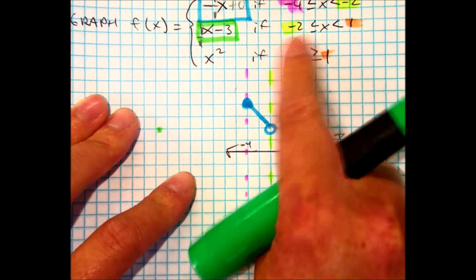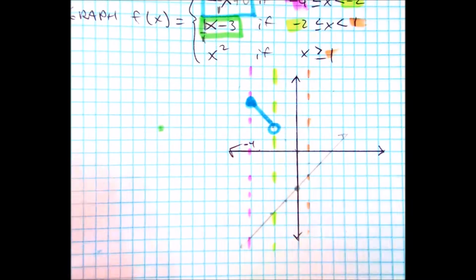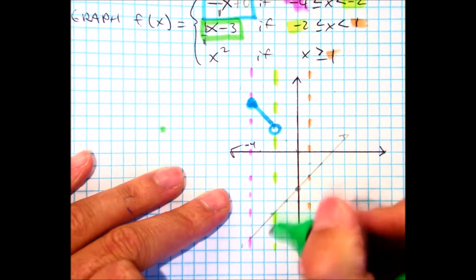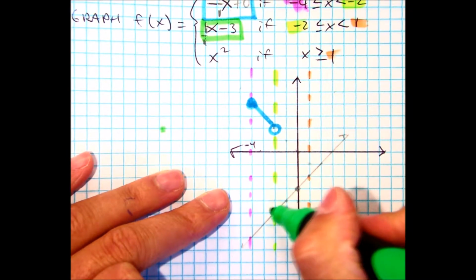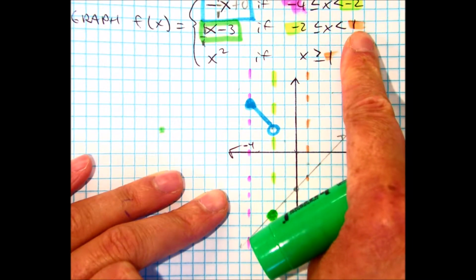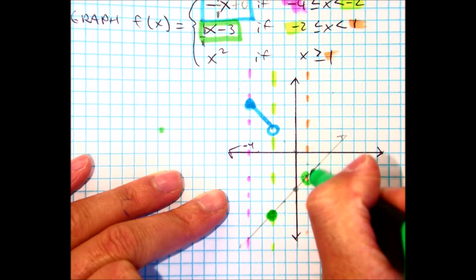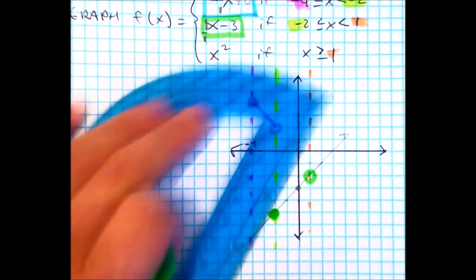And I'm going to go to my boundary at -2, open or closed? Closed. There's -2. And at 1? Open. Let's go ahead and connect those.